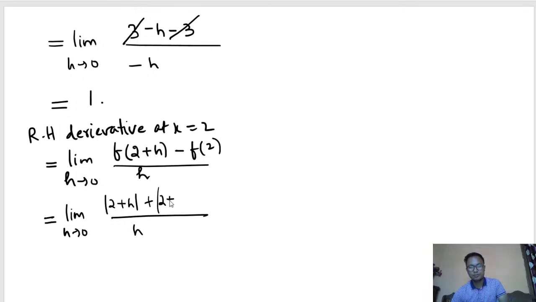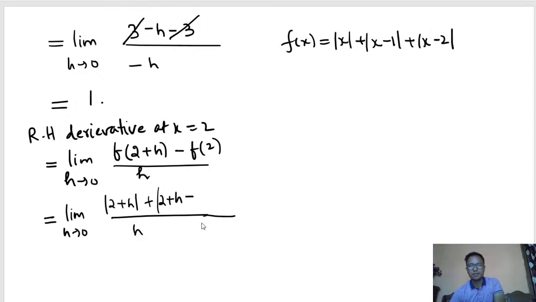Remember what our f of x was? Modulus of x minus 1 times modulus of x minus 2. Here we will be getting how much? Plus 2 plus h minus 2 and minus 3. Is that okay?